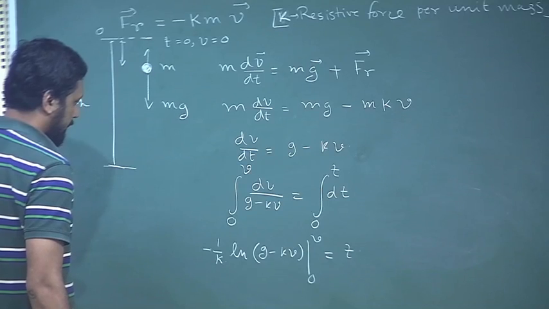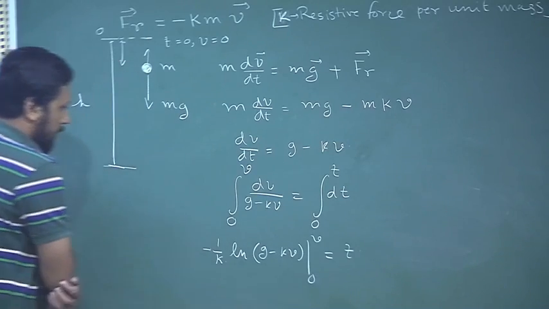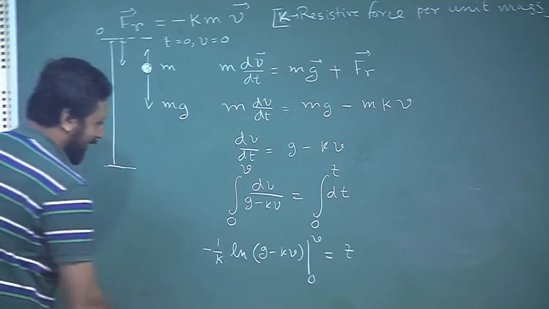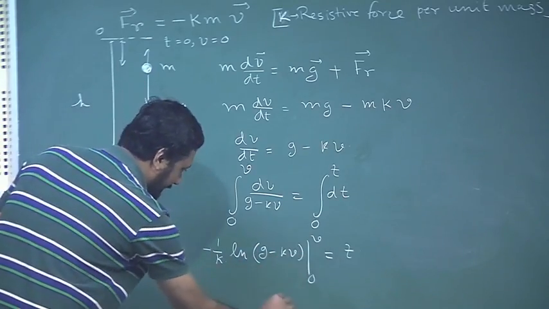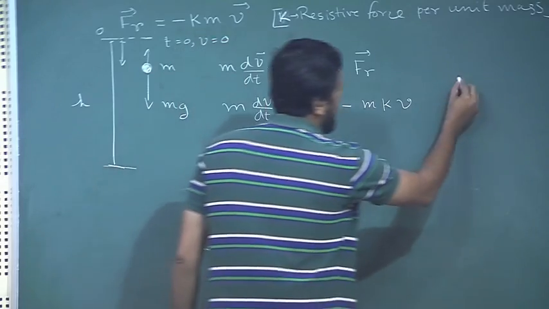I guess it's fine. Minus kv, yeah, it looks good. I tend to make mistakes in such integration, but okay. So, if we simplify this further, essentially we get a relation. I am just writing the final relation here.